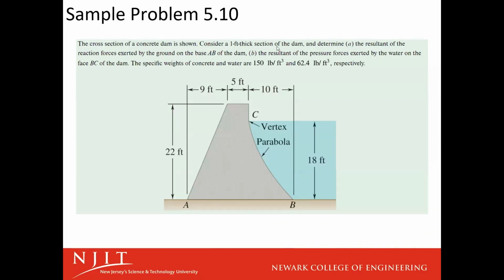This example problem 5.10 is a lot more complicated than anything we're going to see in this class, especially anything on a test. But I just want to show how this concept can be easily made more complicated and used to have real applications. So here we have our reaction force at A, where we're going to have a vertical and a horizontal force because there's going to be no sliding available.